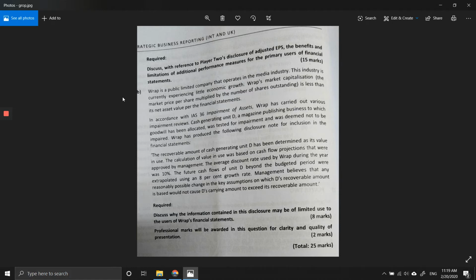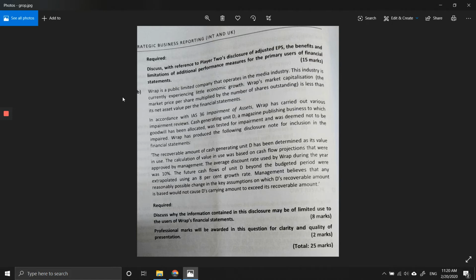The recoverable amount of cash generating unit D has been determined as its value in use. Why not fair value less cost to sell? Since it is using value in use, that will be entity specific, right? The calculation of value in use was based on cash flow projections that were approved by management. The average discount rate used by RAP during the year was 10%.